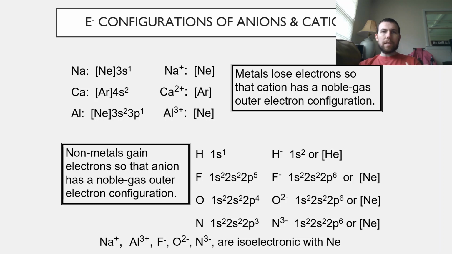When you run into these scenarios where you have ions that have the same electron configuration as another element, we would say that those ions are isoelectronic, iso meaning same, electronic referring to that electron configuration, with, in this case, neon. So each of those ions, we would say, are isoelectronic with the atom neon, because they have the same electron configuration. I hope that makes sense.